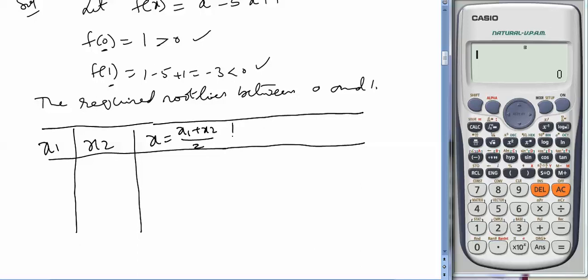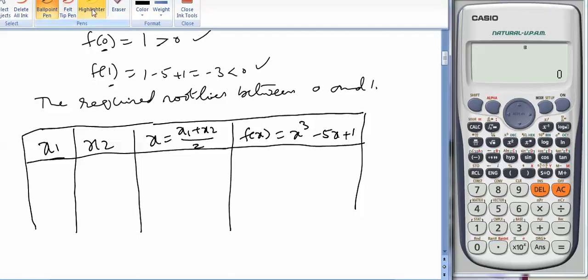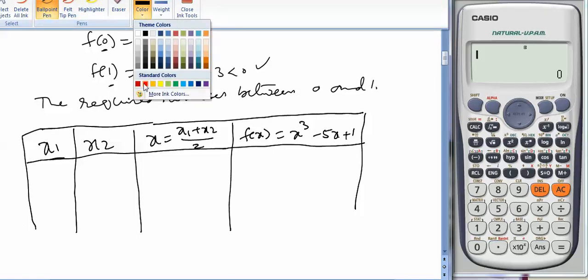Then f(x) is x cube minus 5x plus 1. I will write the values in red color.